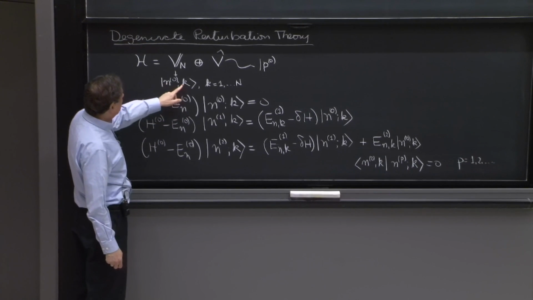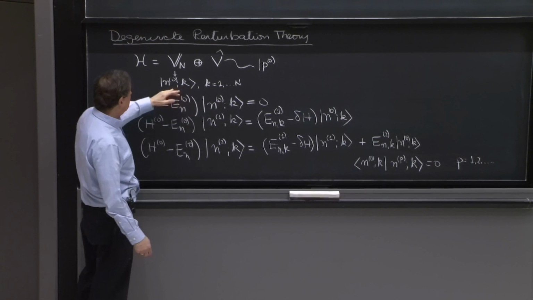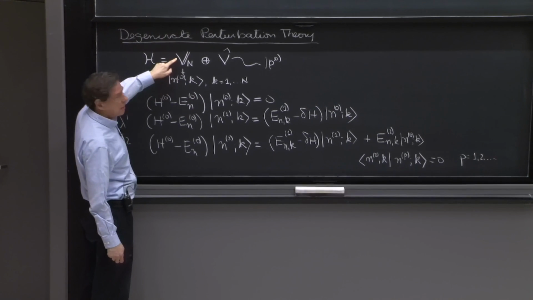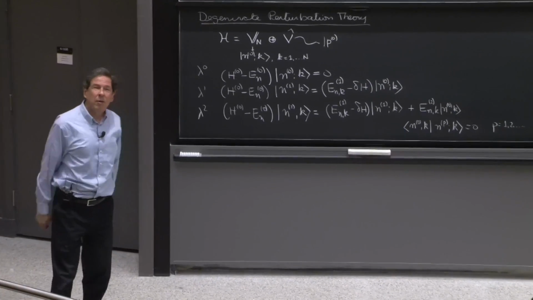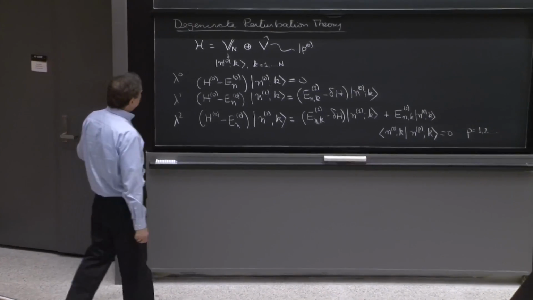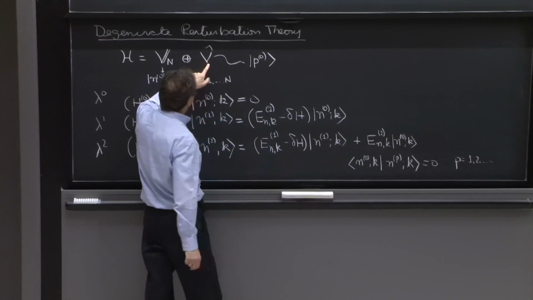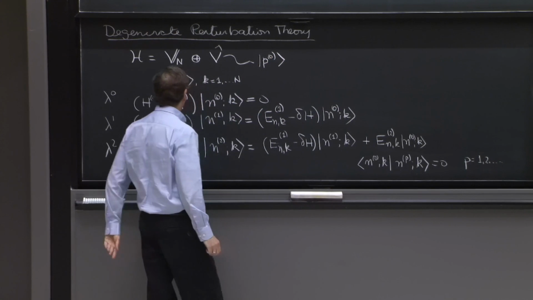These are the states, and with K running from 1 to N, these are a basis of linearly independent states that span the degenerate subspace. So that's our degenerate subspace. And then the rest of the space is the space V hat, and it's spanned by states that we call P0, as we used to call them.